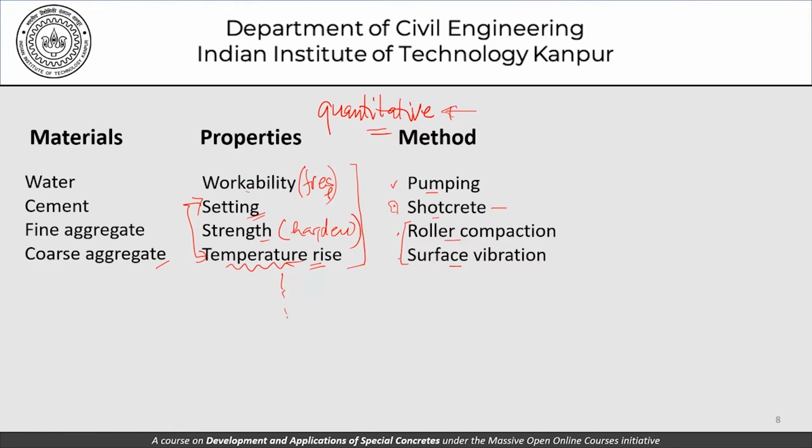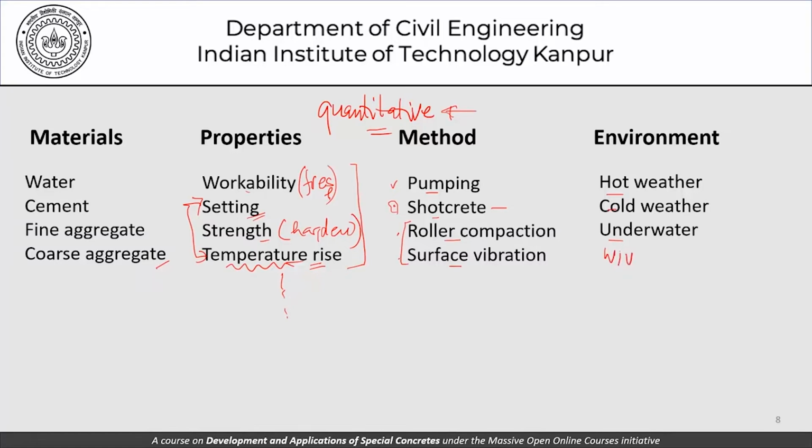As far as environment of placement is concerned, we could be talking about hot weather or cold weather, we could be talking underwater, we could be talking windy conditions. So depending on what kind of weather or what kind of environment in which concrete is being placed, there are certain methods which are acceptable, certain methods which are desirable, new methods need to be developed, and then that takes us back to properties, and that takes us back to materials and the proportions.